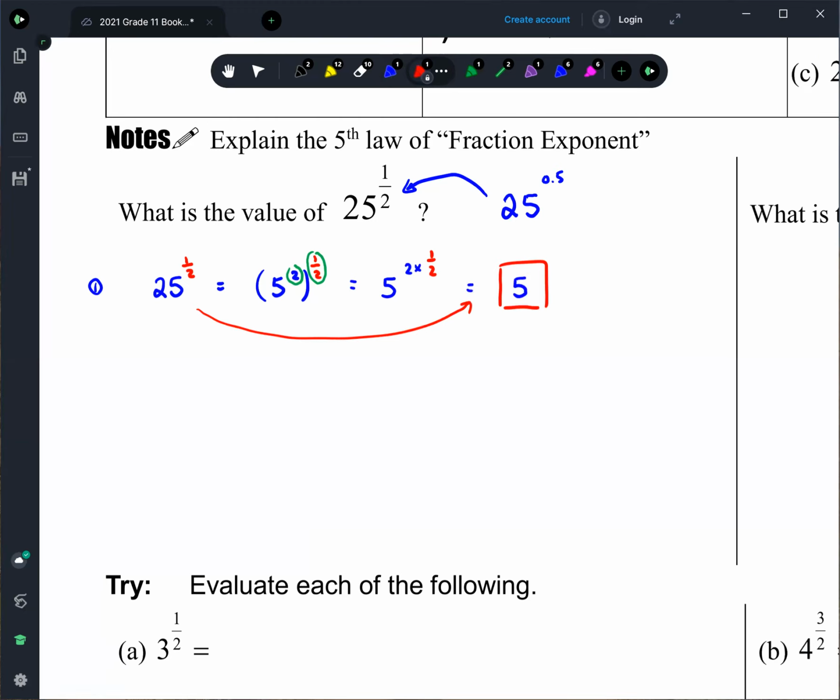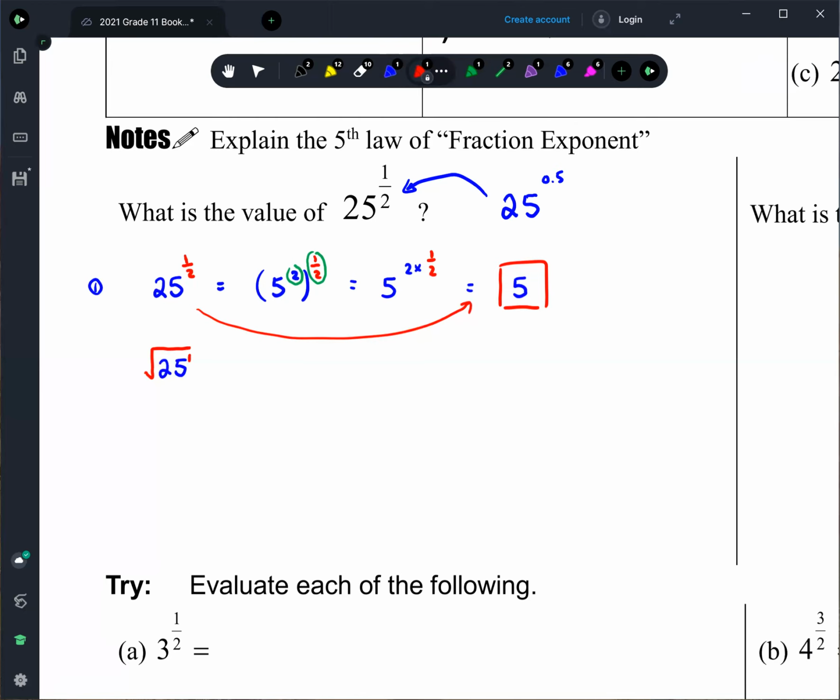Okay, so how can we make 25 become a 5? Another symbol that we learned before that can do the same thing is the square root. So we can sort of guess, if I put a square root on 25, it can also be 5. So therefore, the square root has to do with a fraction exponent. The 1 in the numerator, 1 over 2, in the exponent is like the 1 over here.